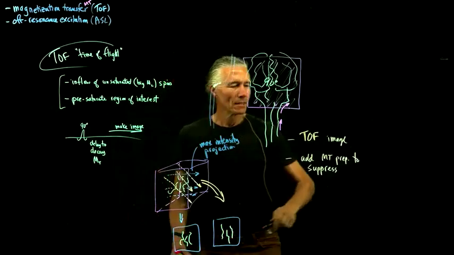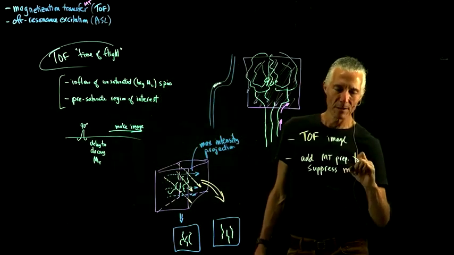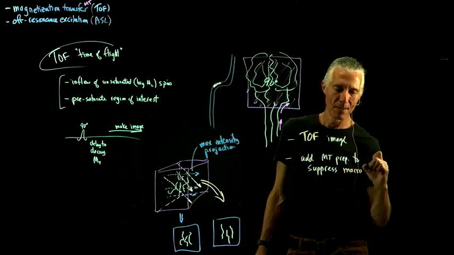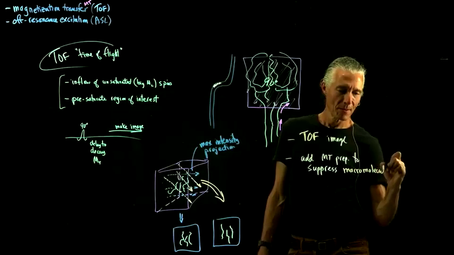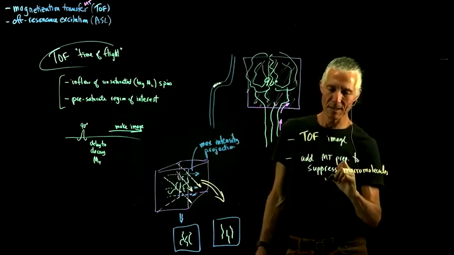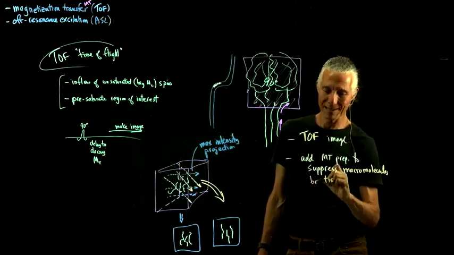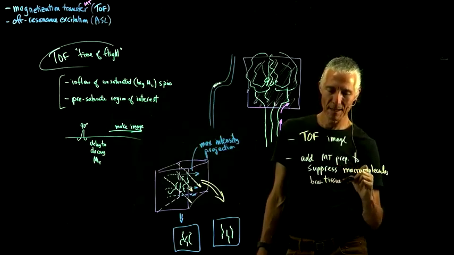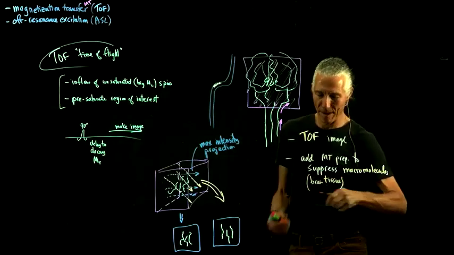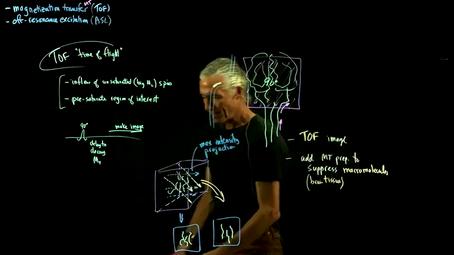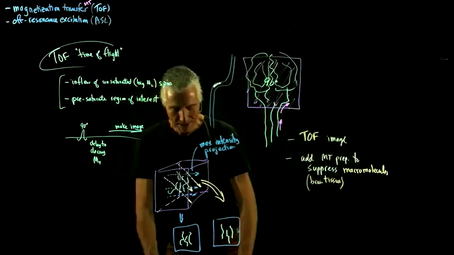And so to suppress macromolecules, like where there are a lot of macromolecules, in brain tissue, we don't want to see that. So all we want to see is the blood vessels. And so if you turn on a magnetization transfer pulse, some of these things were just figured out empirically.